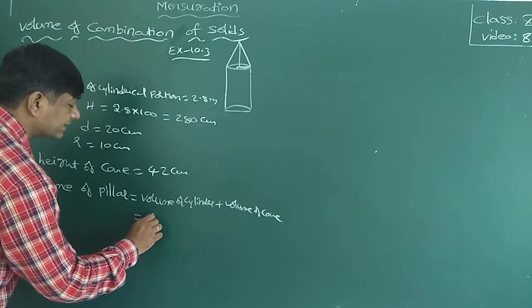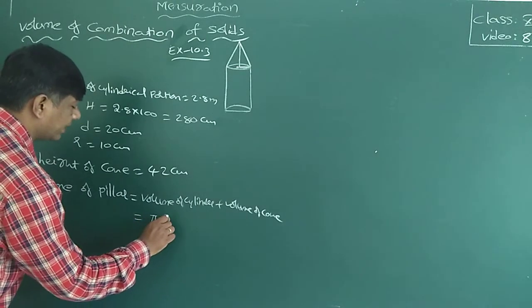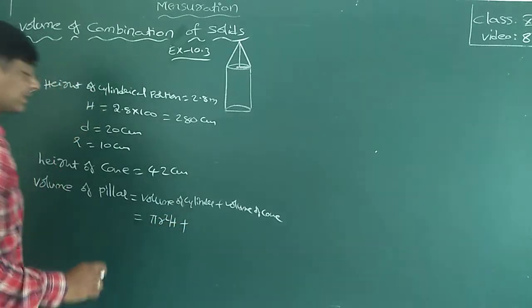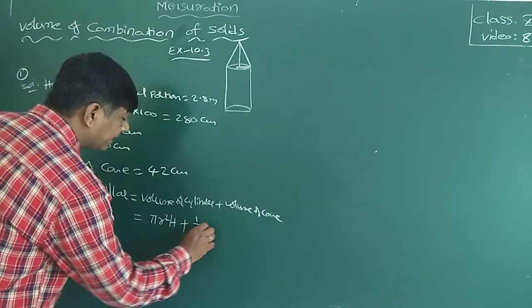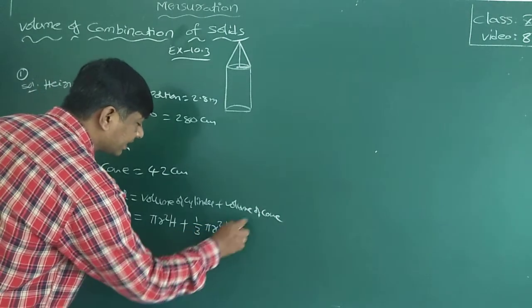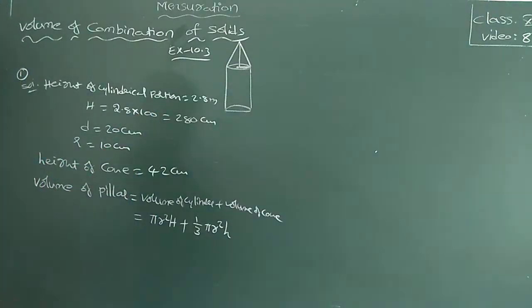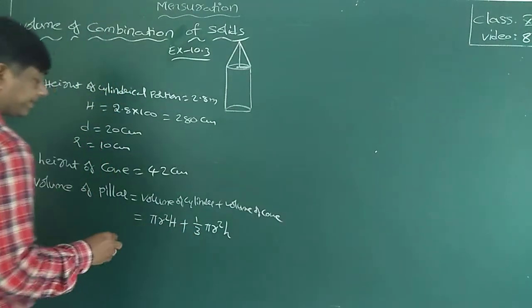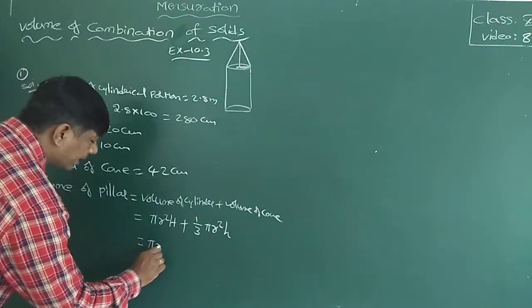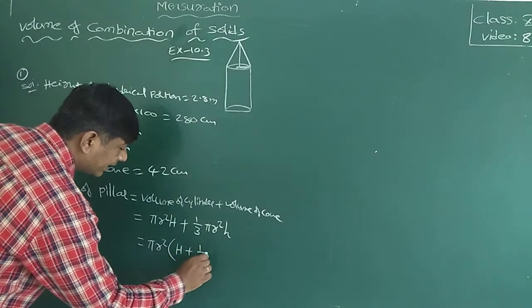Volume of a cylinder is pi r square h, plus volume of a cone is 1 by 3 pi r square h, because here the cone height and cylinder height are different. But pi r square is common. So pi r square into h plus 1 by 3 h.